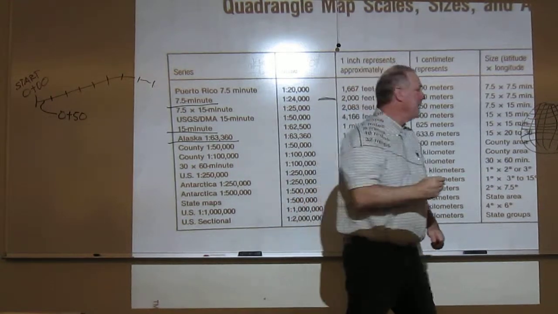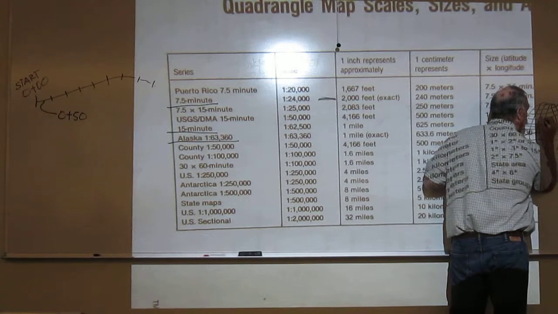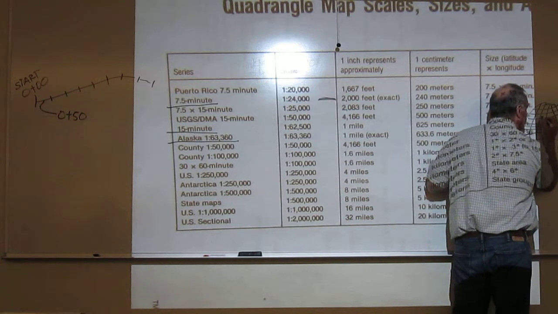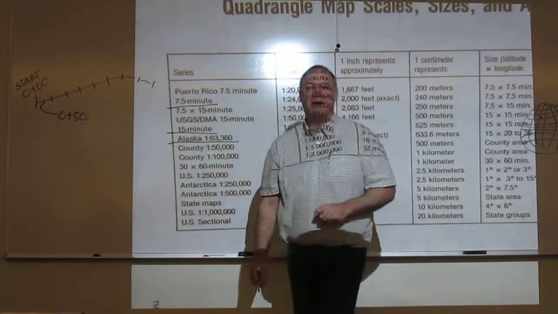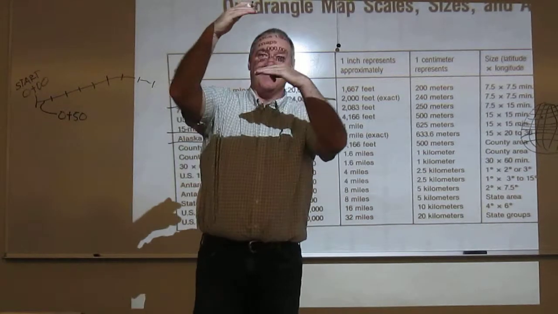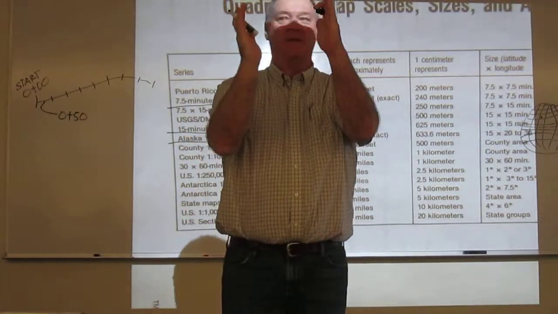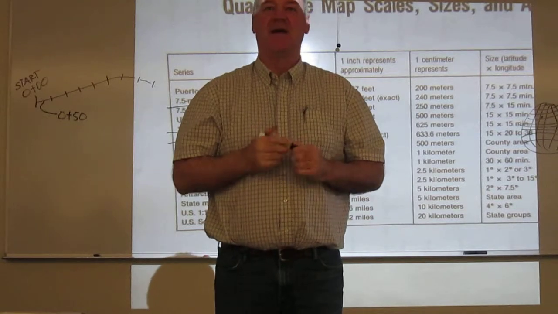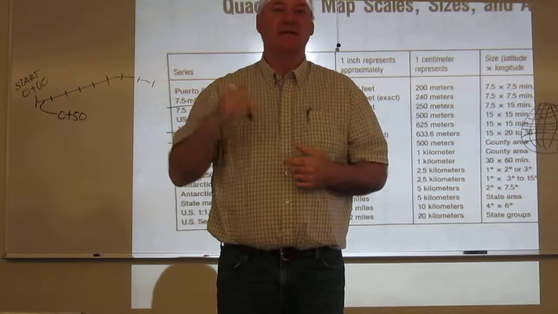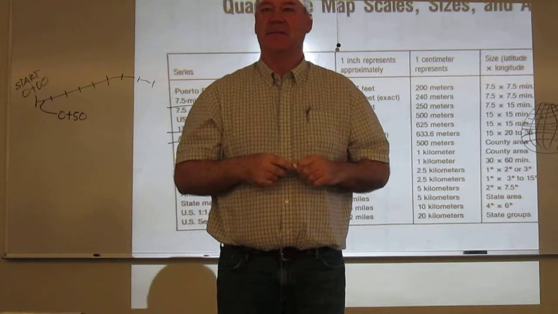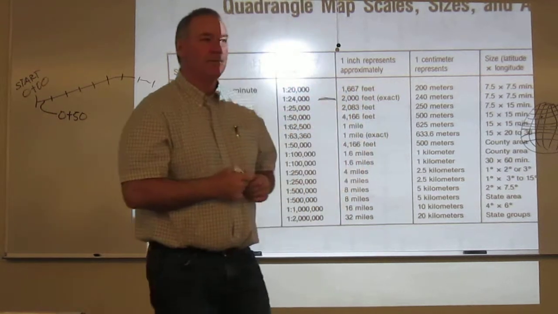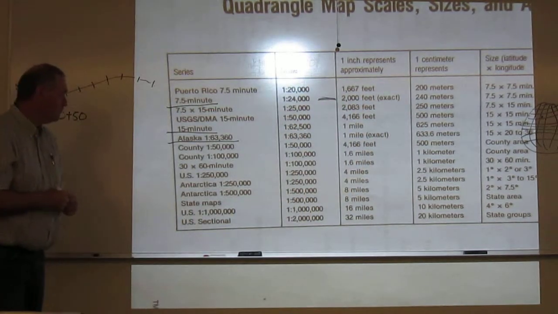So what we're going to do is come in and grab one tiny section that is equal to 7.5 degrees on the latitudinal side and 7.5 degrees on the longitudinal side, and that is the land area that this map will cover. So it's based on the globe. That's where that number comes from.